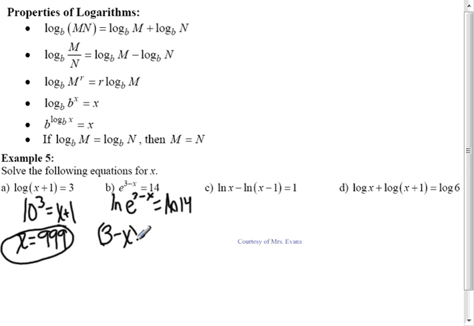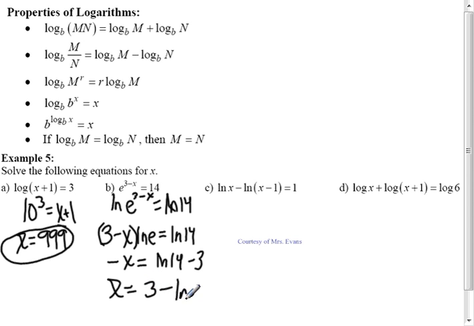And ln of e is just 1. Okay, so I won't have to write that on my next line. And if I subtract 3 from each side, I'll get ln of 14 minus 3. So x, the exact value of x here, would be 3 minus the ln of 14.